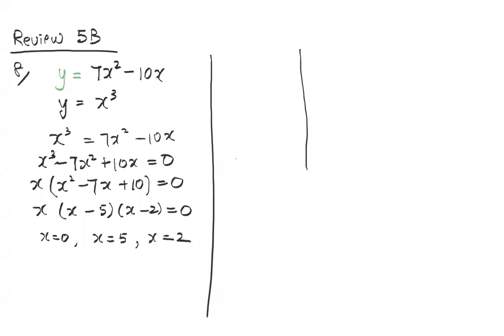So my graph goes like that. This is my origin, my x cubed should be like that. It passes through here, 10/7.